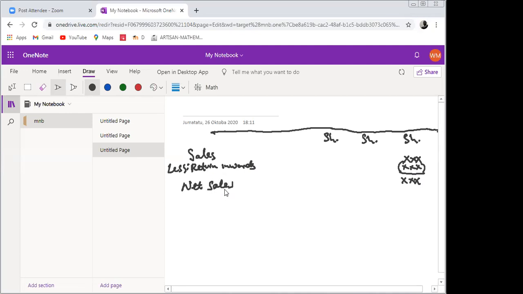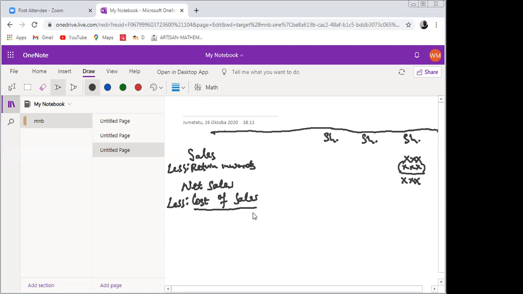Those are now the value of the goods that were actually sold. The sales minus what was returned, so that you can get now the value of goods which went to the customers completely. Having obtained the net sales, you normally come here and you say less the cost of sales.